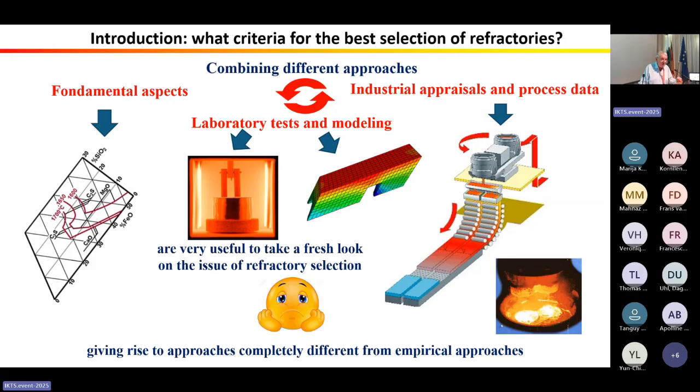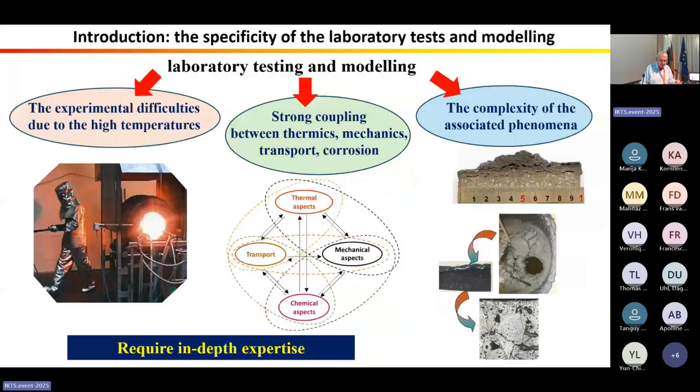The first approach is an empirical approach, but by combining different approaches, fundamental aspects, laboratory tests and modeling, industrial appraisal and process data, we are able to take a fresh look at the issue of refractory selection, giving rise to approaches completely different from empirical approaches.